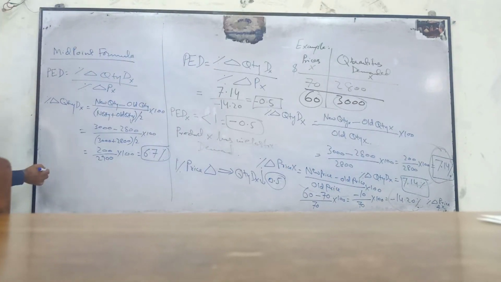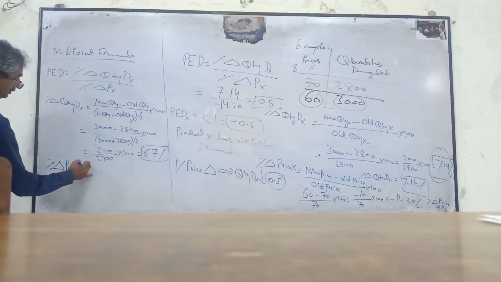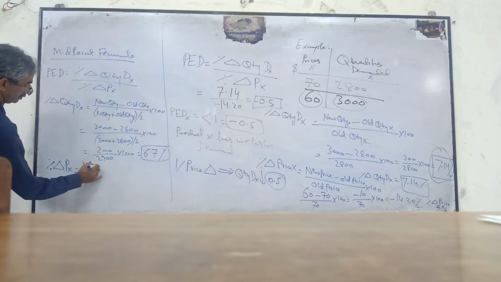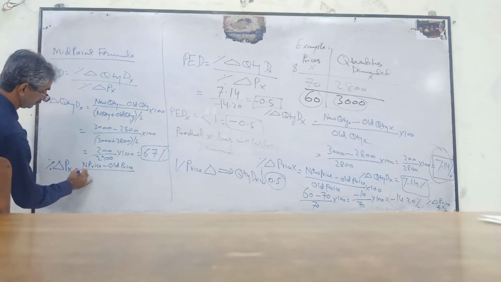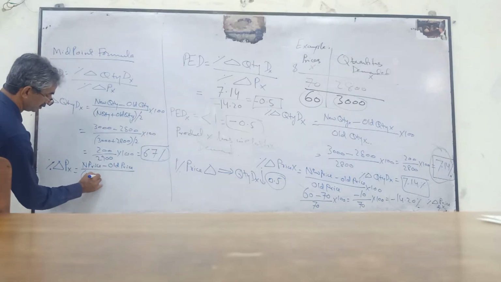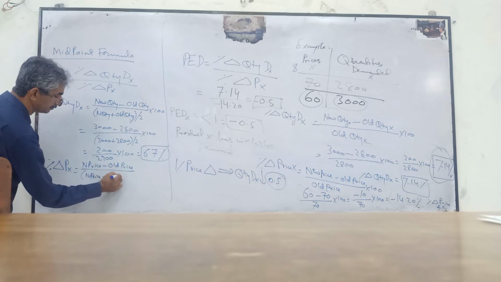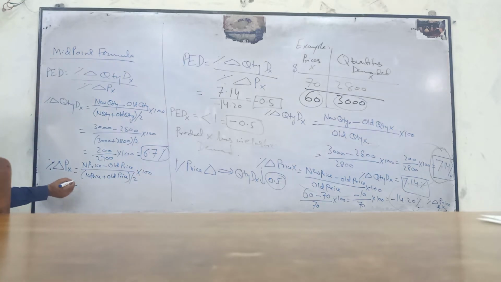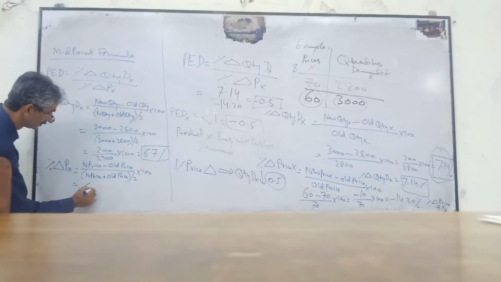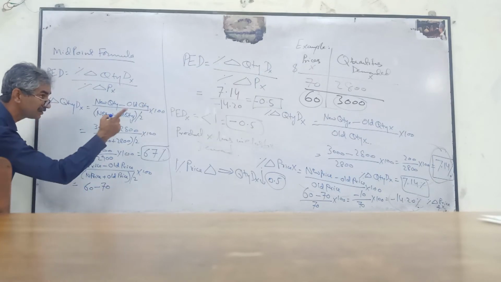So now we have to calculate the percentage change in price of X. The midpoint formula for the percentage change in price is the new price minus old price, divided by new price plus old price divided by 2, into 100. The new price is 60 and the old price is 70.